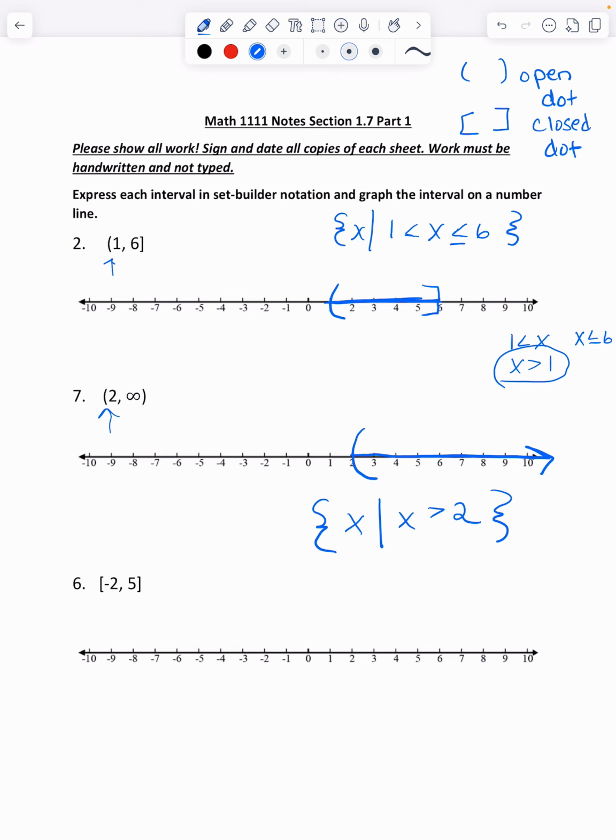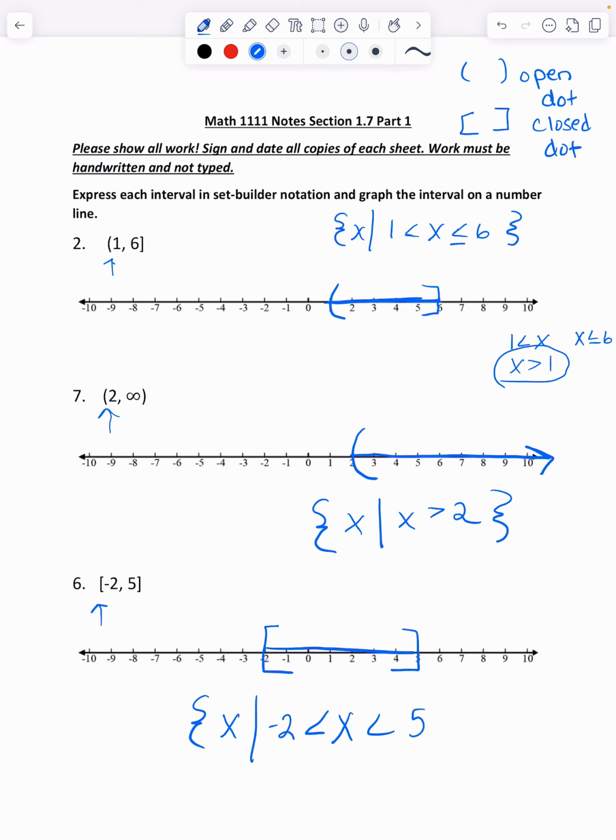Number 6 says I want to graph the solution set of all the numbers between negative 2 and 5. So I'm going to start at negative 2, and I'm going to go to positive 5. They're both brackets. For any segment on a number line, we start off with X such that, with X in the middle. You can put your less than signs and your two numbers, negative 2 and 5.